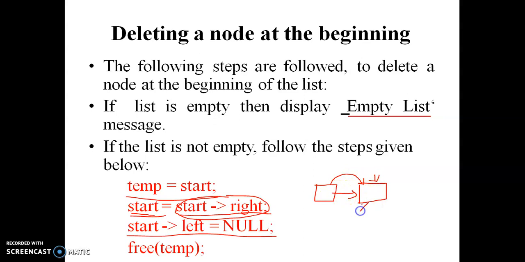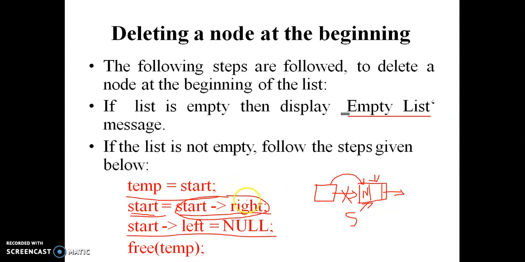Now this is our start node, and for this start node we assign the left as null, because we want to remove the old address from the memory. So the left node address becomes null in the start node, and it has a right node address which points to the next node of the current start node.